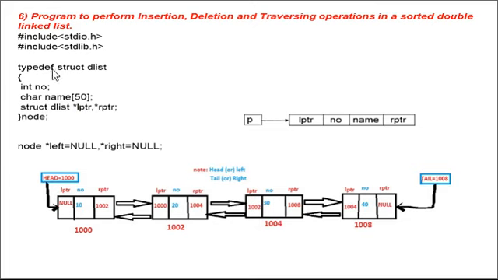This self-referential structure contains number and name, the roll number and name of the student, as the information part, and LPTR and RPTR, the left pointer and right pointer. The left pointer always points to the previous node in the list, and RPTR always points to the next node in the list. And here, node is a defined data type of the node structure.